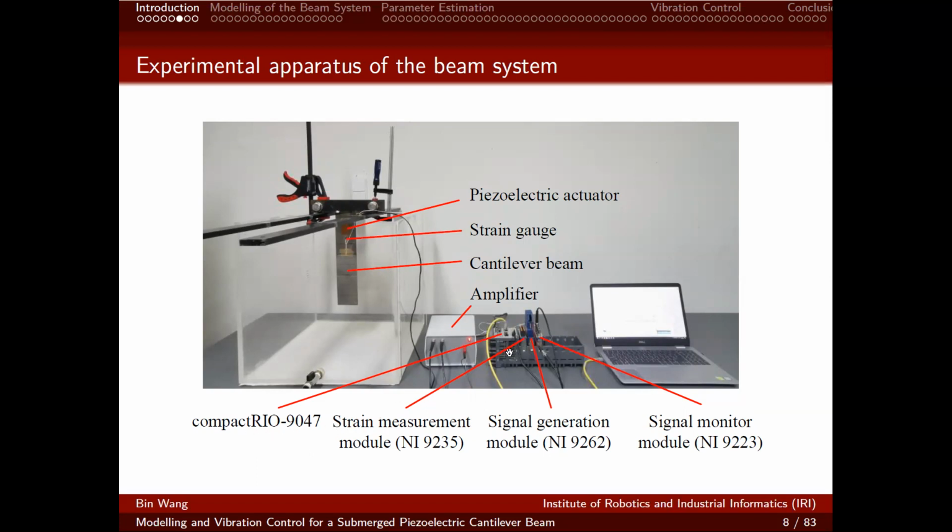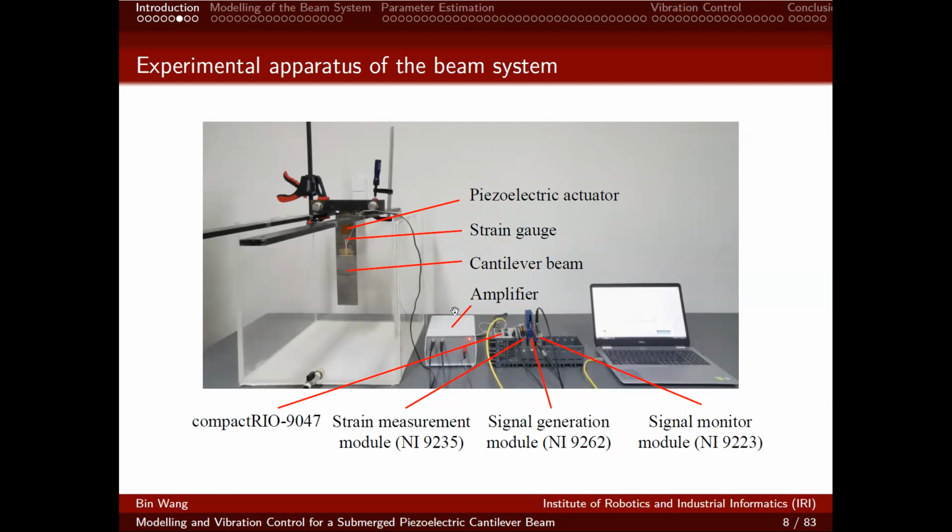This is a real-time controller, and we have the strain measurement module to collect the data from the strain gauge, a signal generation module to generate the control signals, and a signal monitor module to know how much voltage we applied on the piezo.